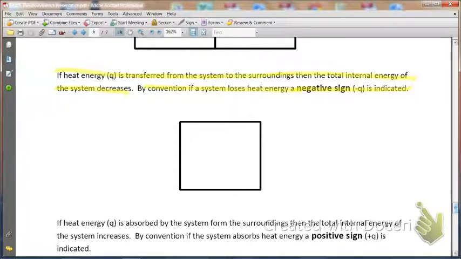All right, so we have our system. And we're going to say that our system has more kinetic energy than the surroundings.